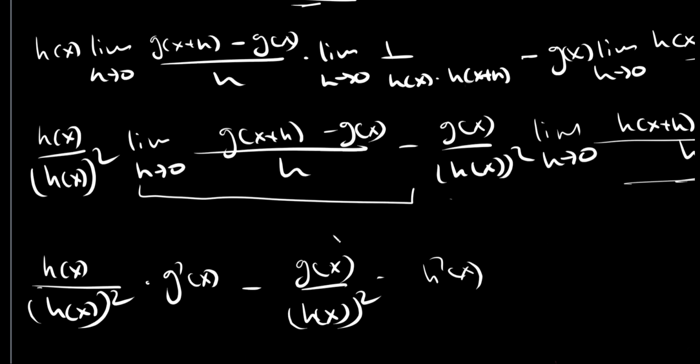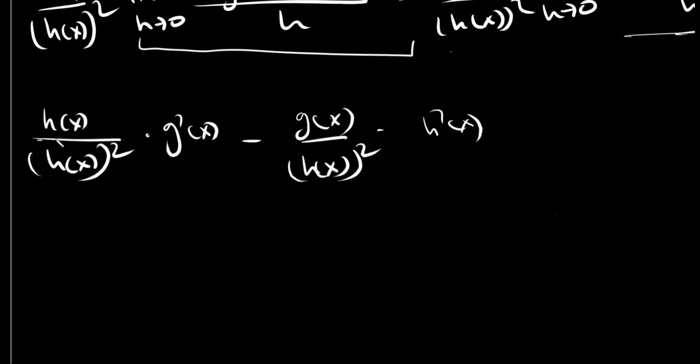You guys could stop here if you want, but we want a more simplified version. So let's simplify this again. These are the same denominator, so we can just write this here.